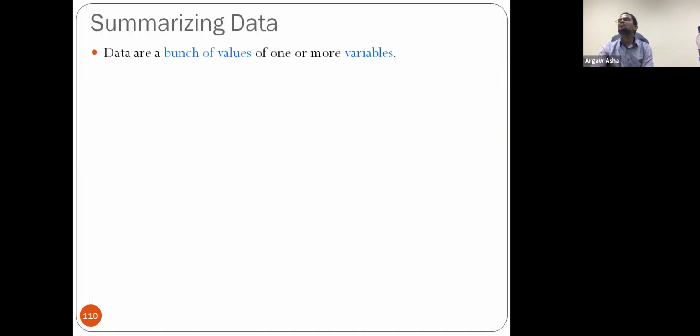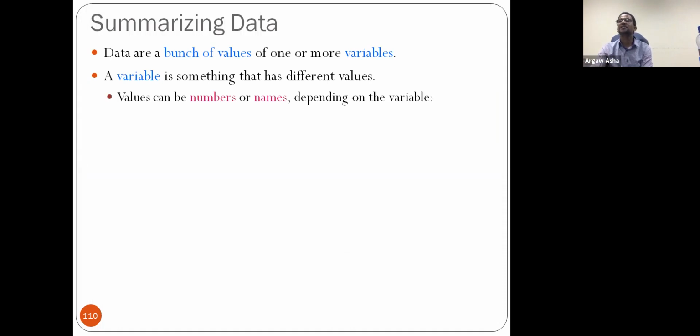As summarizing data, first you can look at the variables. A variable is something that has different values in your test data. The value can be numbers or names.